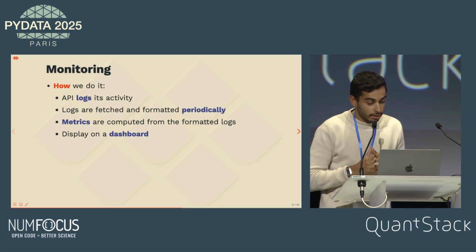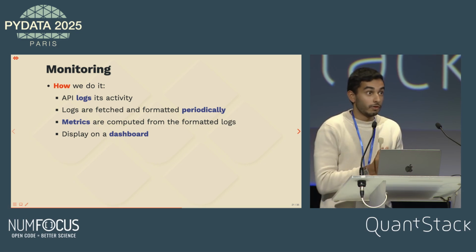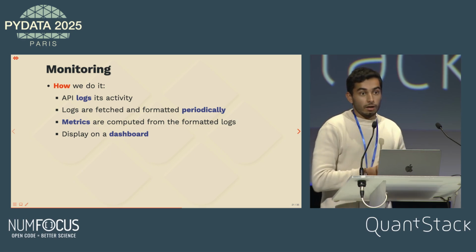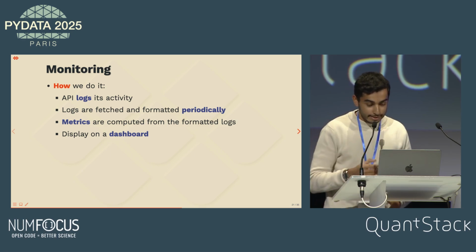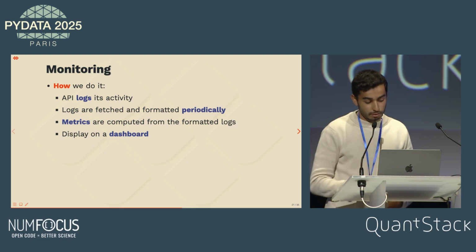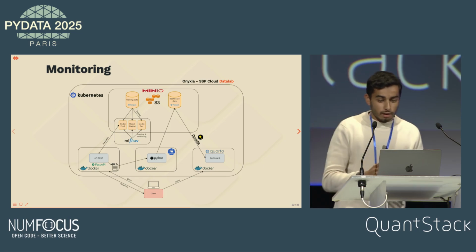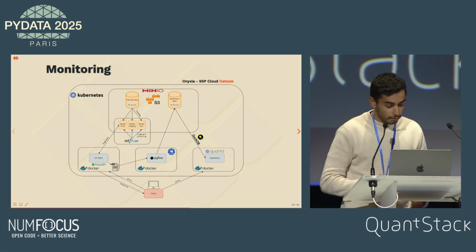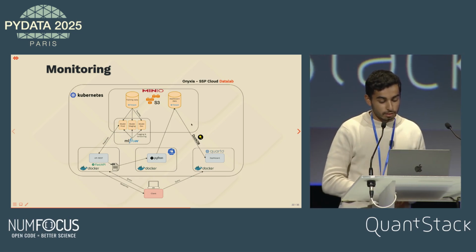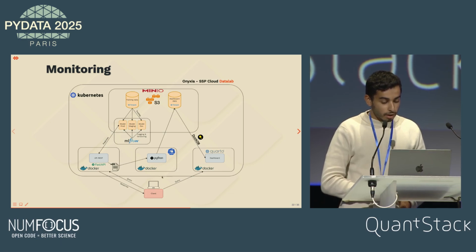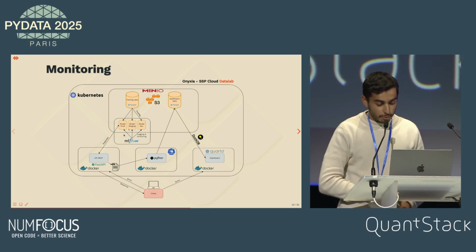This step here is often overlooked in several MLOps pipelines, but it's absolutely key to have observability of the model. And so at the end of the day, this is what we have in production right now. You have your API that is interacting with the MLflow and the training data.